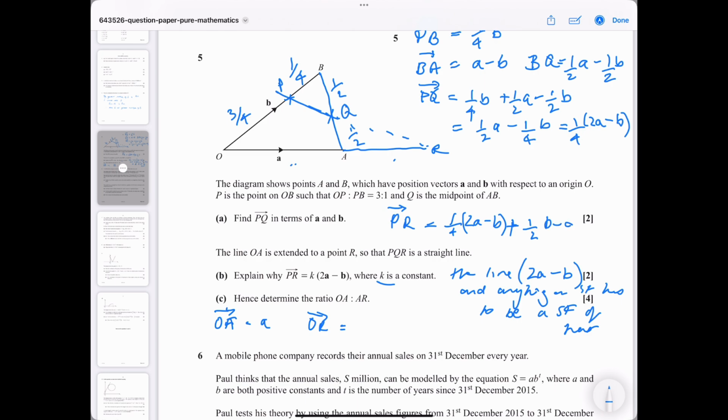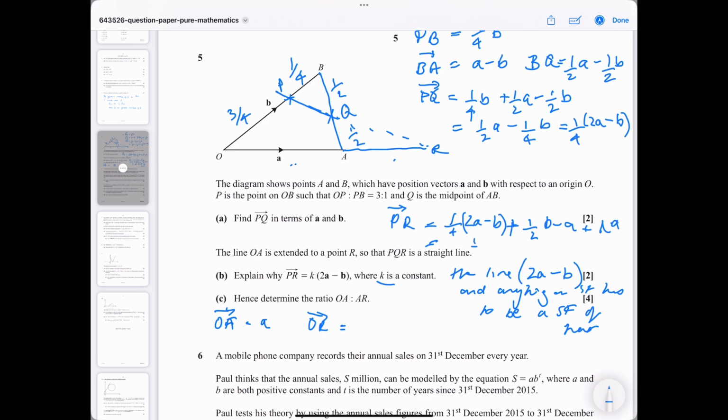B minus a plus somewhat of a. So that would equal, so that's half a, hold on, half a minus half a plus, I think it's 3/4 b.